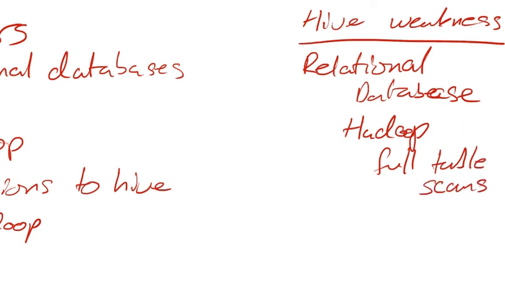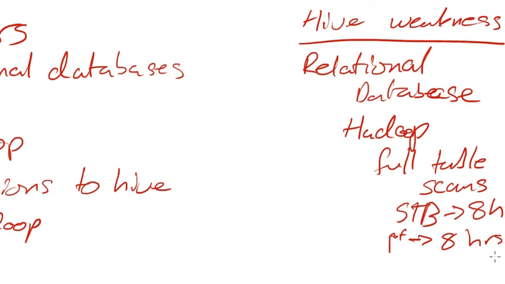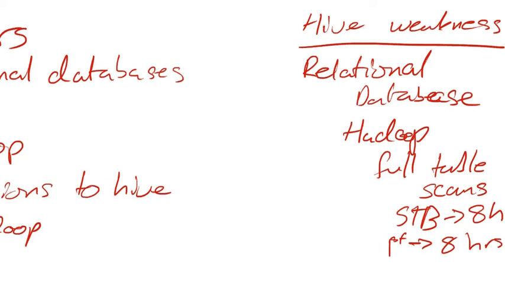So if I'm trying to find the first person in a table, I have to run through all the scans. So if I have a 5 terabyte file and it takes, we'll say, 8 hours to run through the whole table, well, now when I want to find the first person, it takes 8 hours. Compare that to Oracle, it only takes, what, 2 seconds maybe at that.